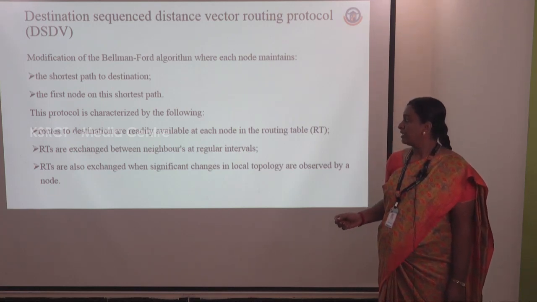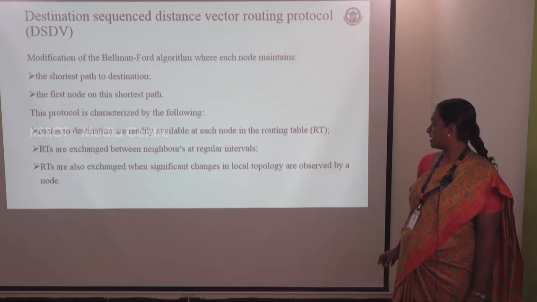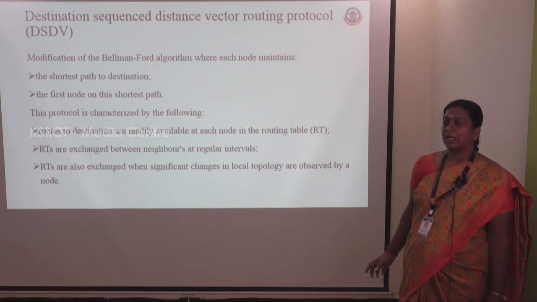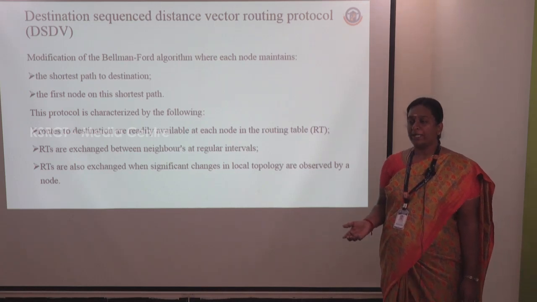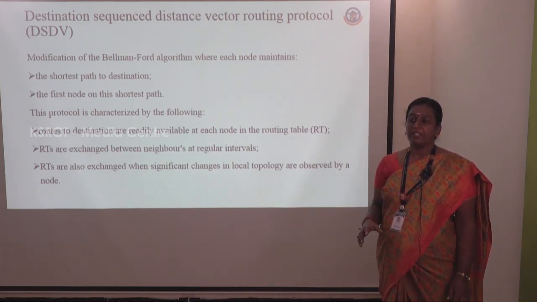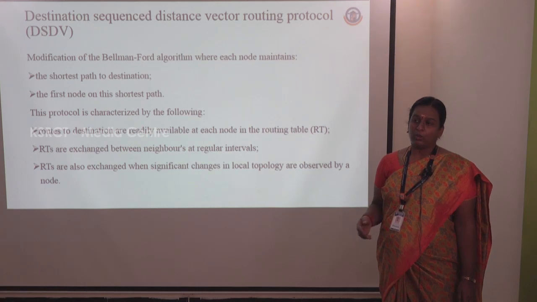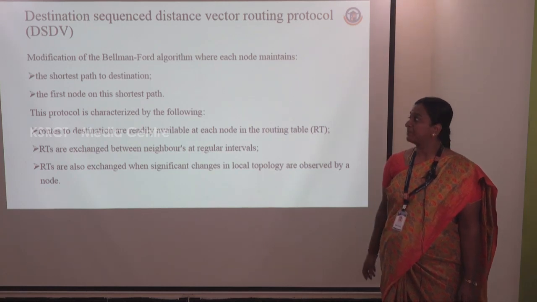It is also exchanged when significant changes in local topology are observed by the node. When any node moves, the topology changes, and this information is also updated to the neighbor nodes in the local topology.